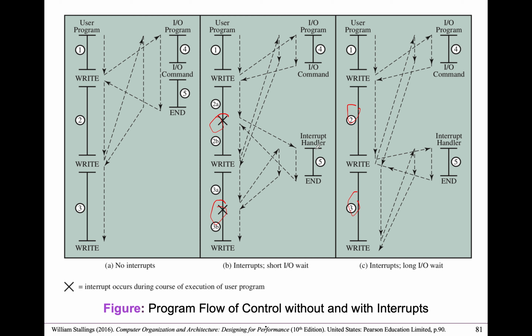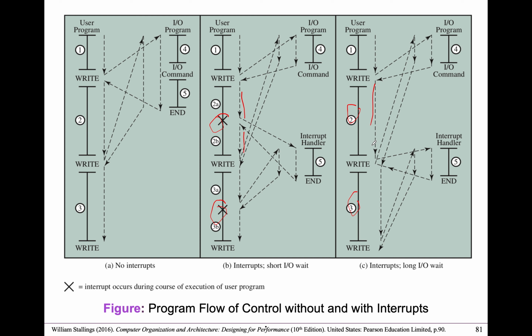Here you can see there is an interrupt occurring, but this is a long input output wait because you're going to wait whether it is having the interrupt or not. So it's going to be long, rather than this one which is short. You have a short wait and you have an interrupt and you will continue.